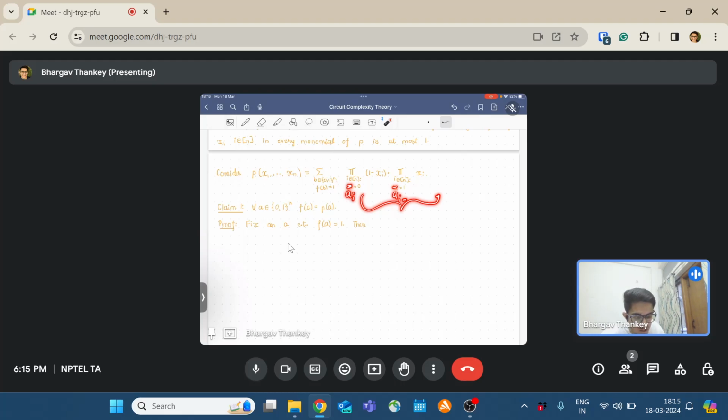Whenever ai is 0, 1 minus xi becomes 1 minus ai, which is 1 minus 0, which is 1. And whenever ai is 1, xi would be ai, which is 1. So this entire product would be 1.